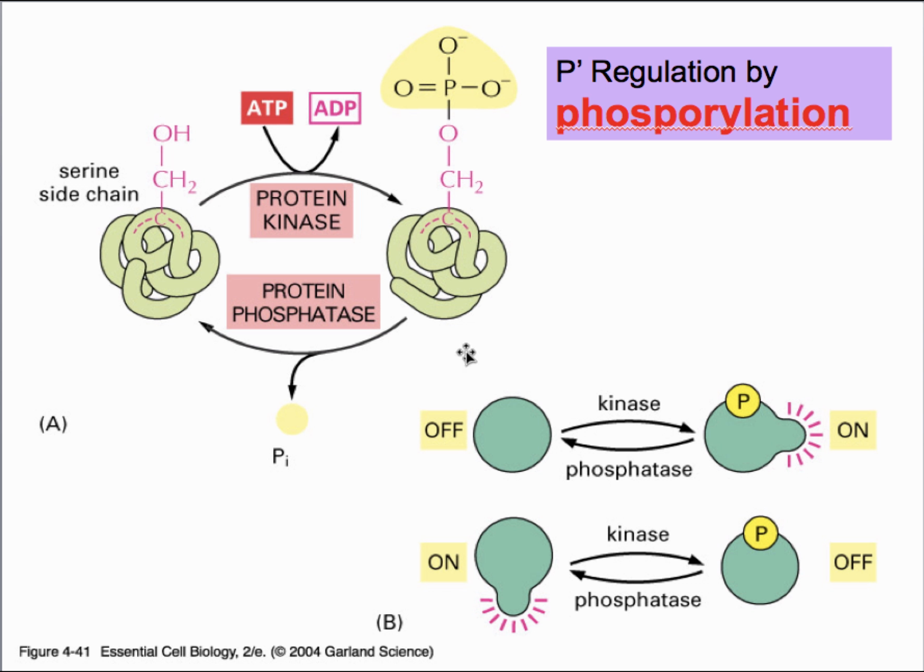In panel A, we can see that the light green target protein has an amino acid, a serine, whose side group sticks out into the environment, and under the right circumstances, a protein kinase will recognize the shape of this protein and phosphorylate it by leaving behind a phosphate group, and that is shown over here as yellow.